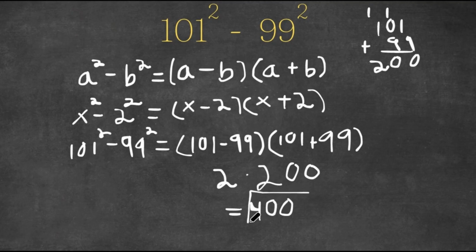So 400 is our answer. And that's how you do this problem without a calculator. And this actually works for any problem in the form a squared minus b squared. You could simply just convert it into this form and solve it.